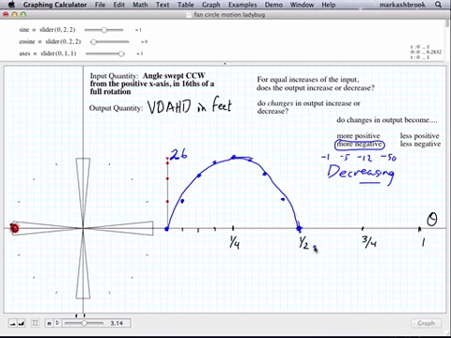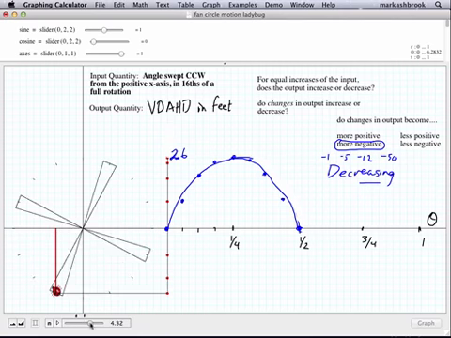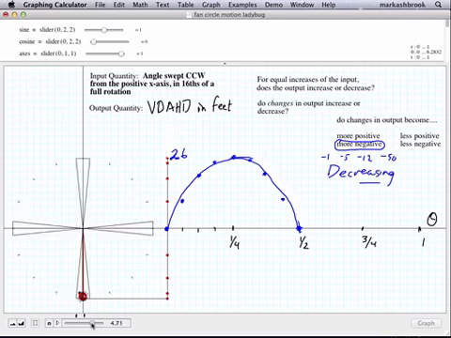Slightly better. Okay. So the vertical distance is decreasing and the changes are decreasing. So the rate of change is decreasing because those changes are becoming more negative. Okay, next quadrant. Talk about it. Go. Two questions.